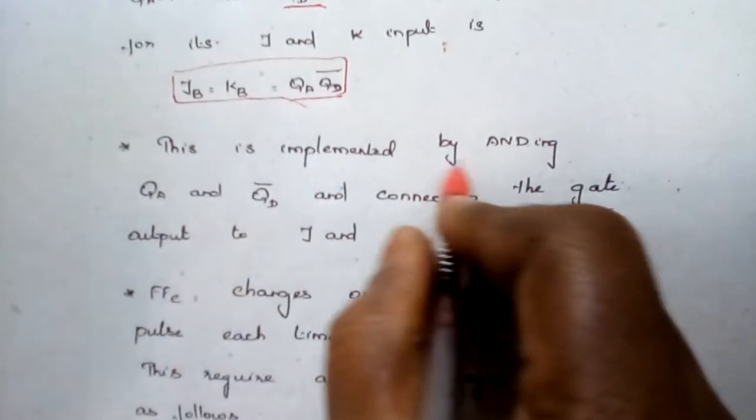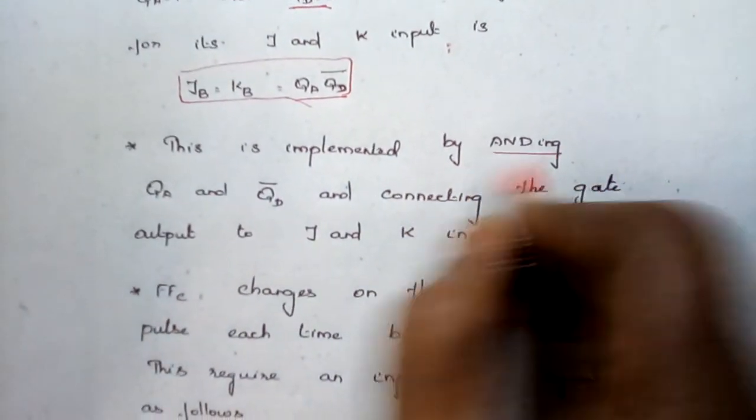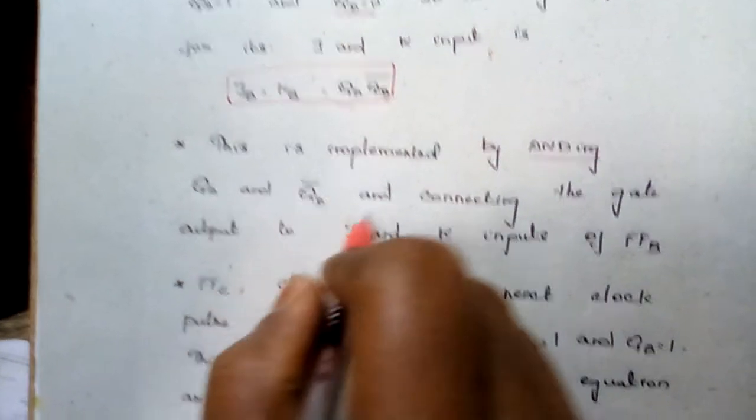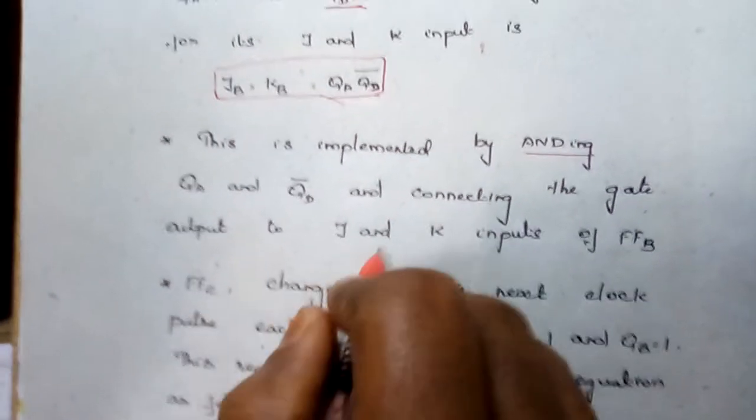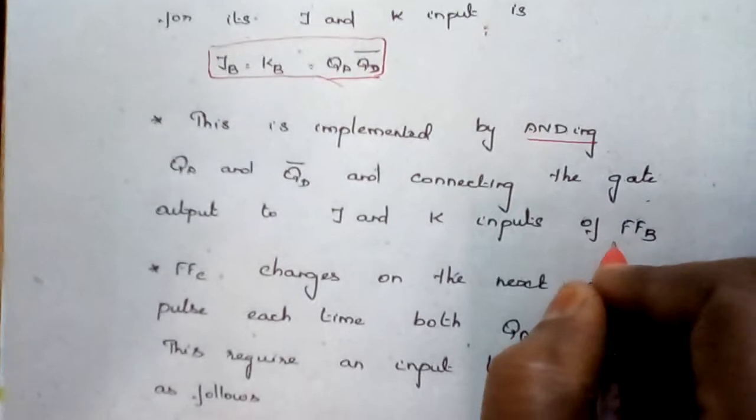This logic equation is obtained by implementing an AND gate of QA and QD bar and connecting the gate output to the J and K inputs of flip-flop B.